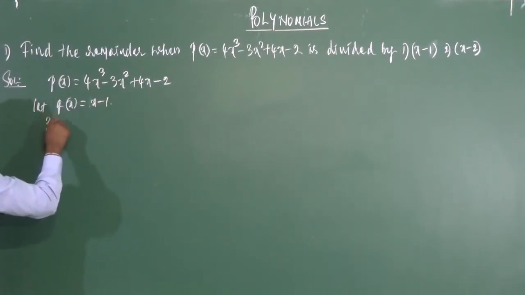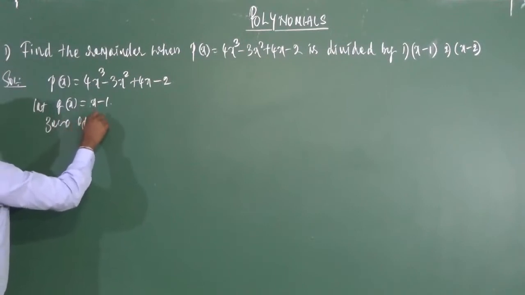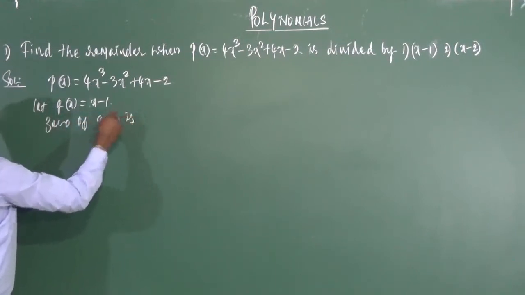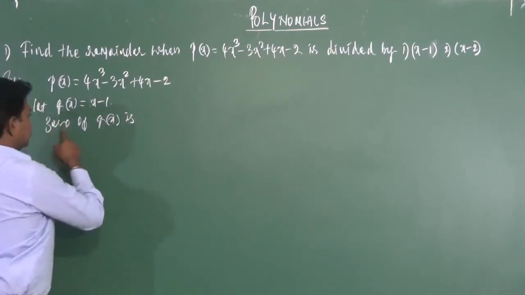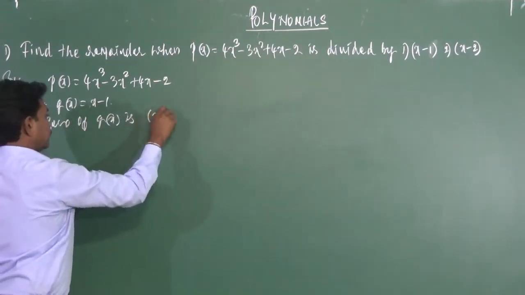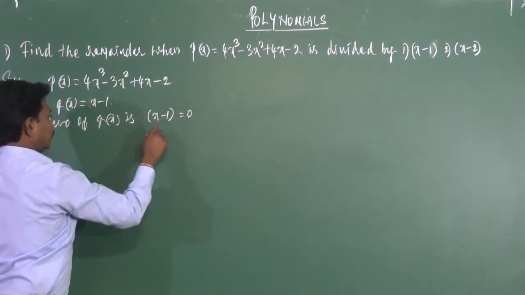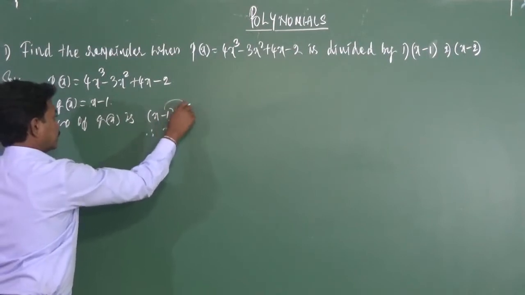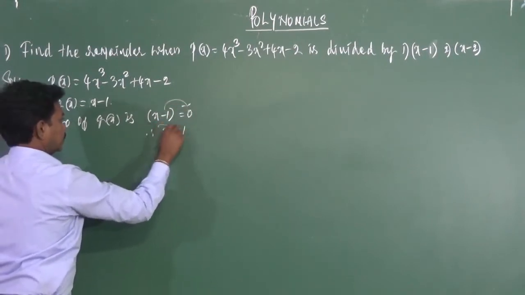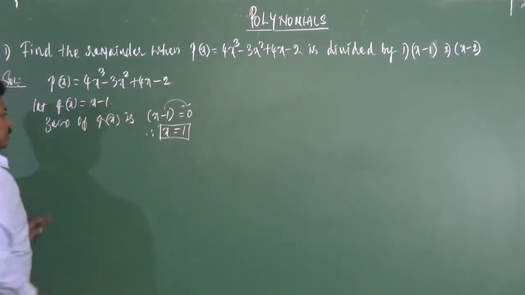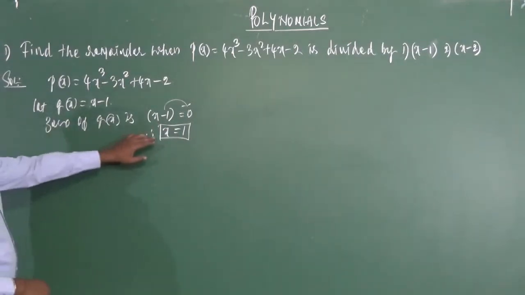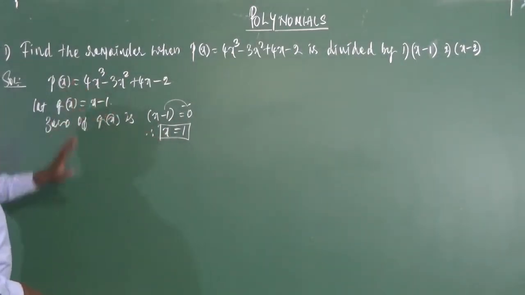You have to find the zero of g of x. So the zero of g of x: x minus 1 is equal to 0, therefore x is equal to 1, as minus 1 gets transposed to the RHS. So you have to substitute this value x is equal to 1 in this polynomial.